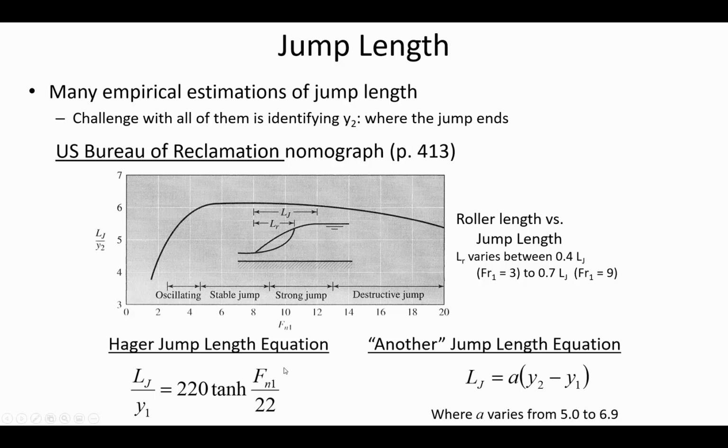And then our textbook has another jump equation, without giving the name or saying where it comes from. But since it's in the book, a simpler way of estimating the hydraulic jump length would just be the ratio of the depths and then some constant factor, which our book says varies from 5 to 6.9.